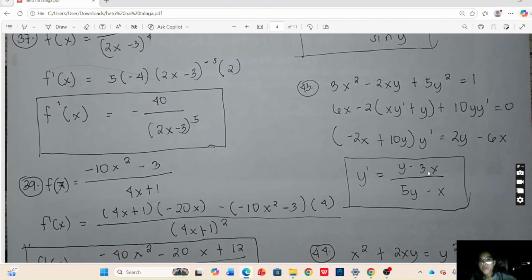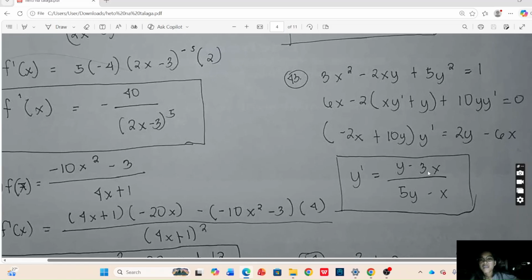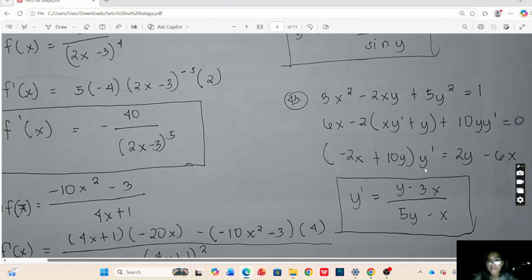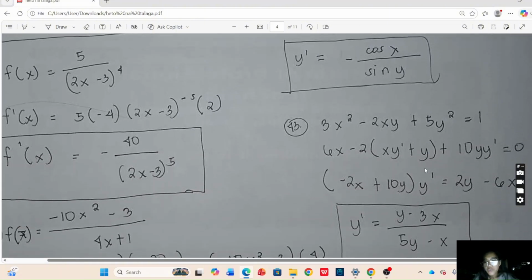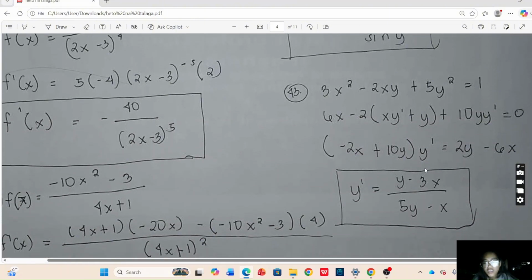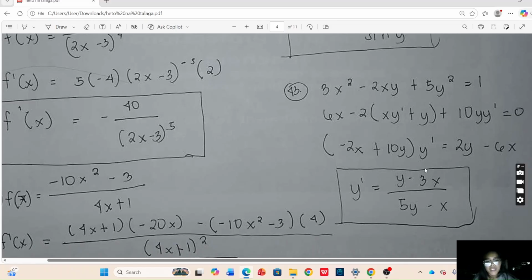So we're almost done with our part 1. We have number 43. We have the equation 3x squared minus 2xy plus 5y squared is equal to 0. Again, we have to use implicit differentiation with this kind of problem.